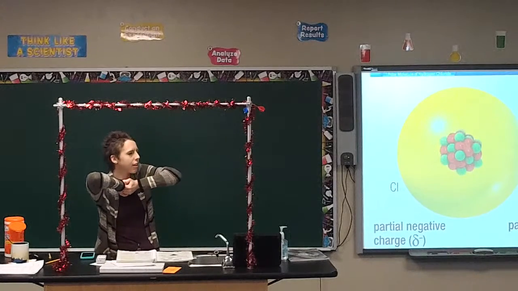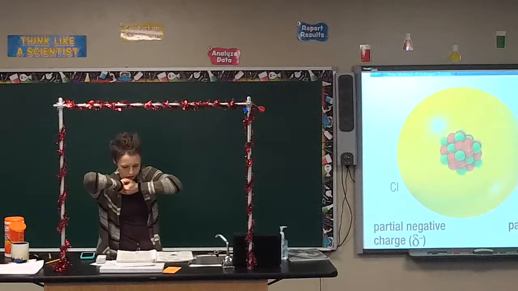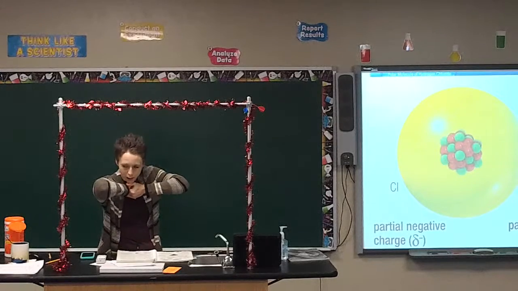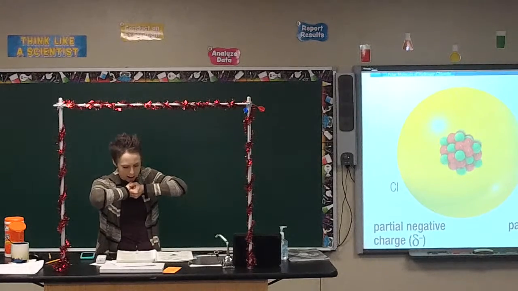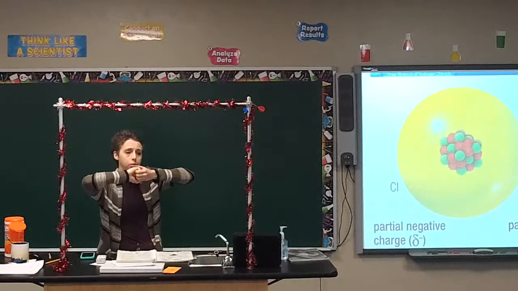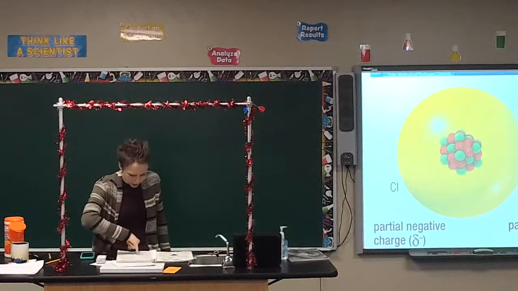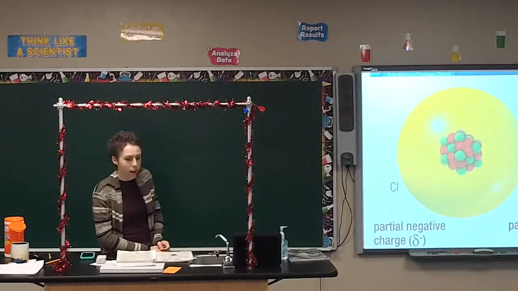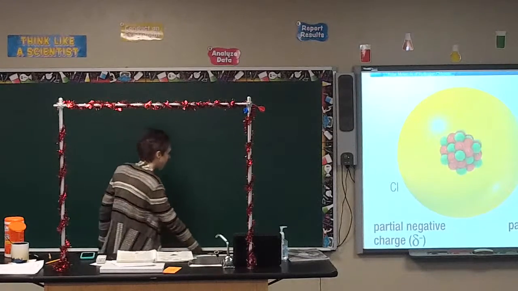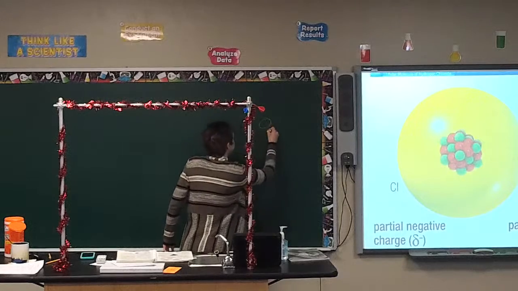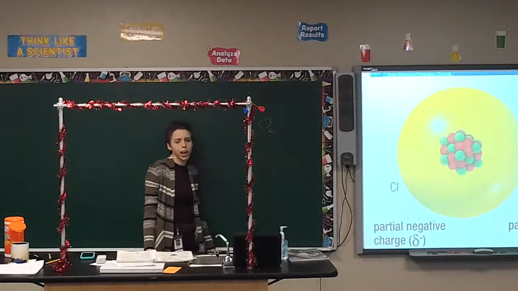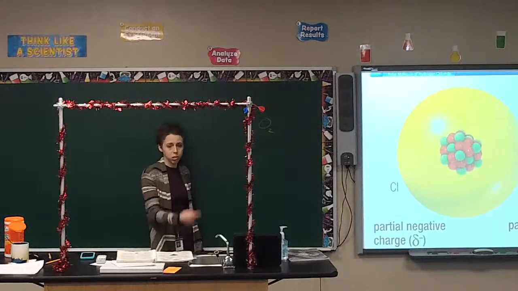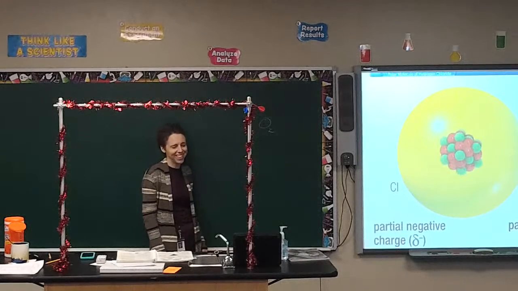In most cases though, you're going to have unequal sharing, where somebody wants it more than the other one. We call this a polar bond whenever it's unequal sharing. Your book points out that a covalent bond in which both atoms share equally is called a non-polar bond. So if I have oxygen bonded to oxygen, does one oxygen atom want it more than another oxygen, Ethan?